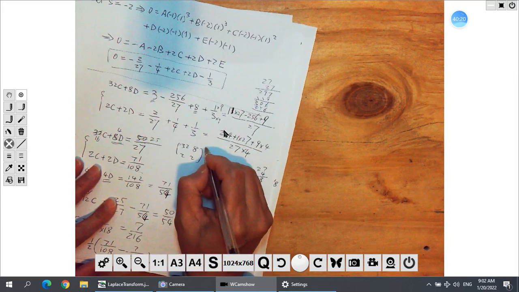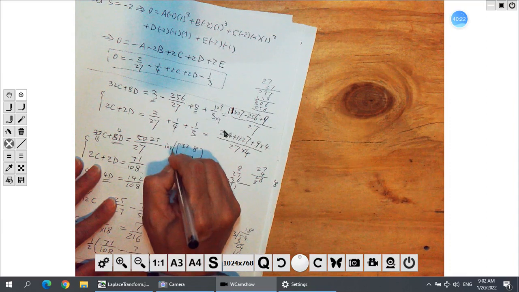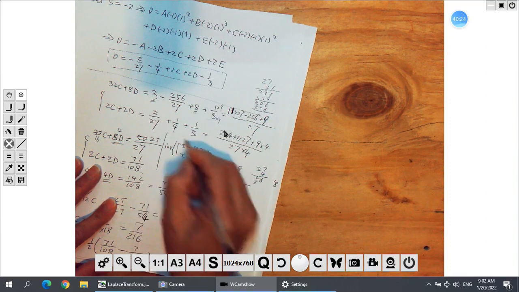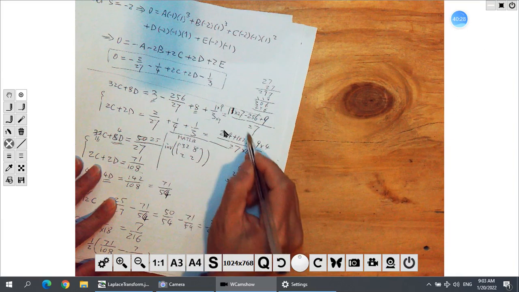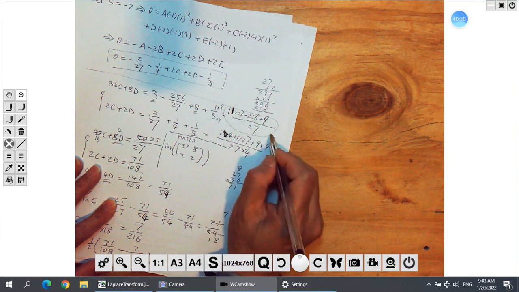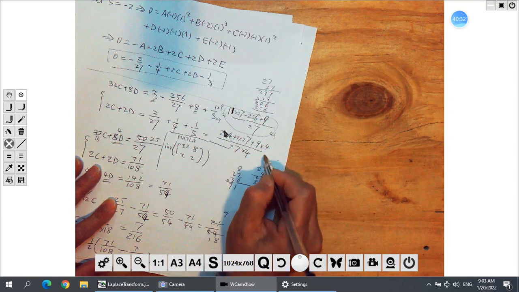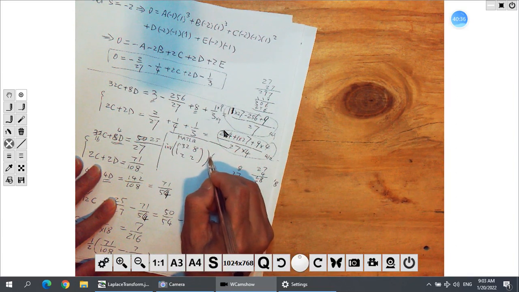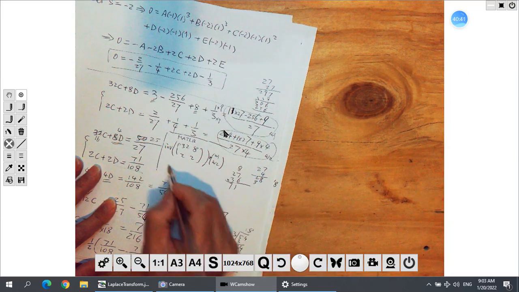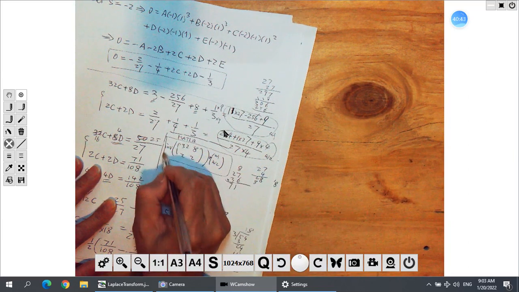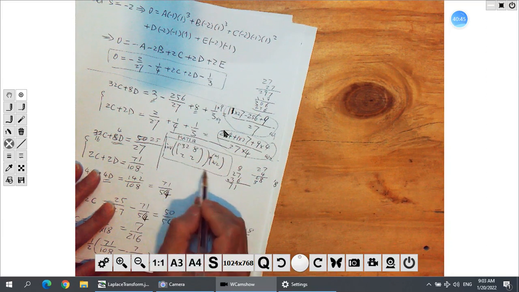Then inverse is the MATLAB command. And this one, I say this is some W1, this is some W2, times W1, W2. That's it. You can run this from MATLAB.